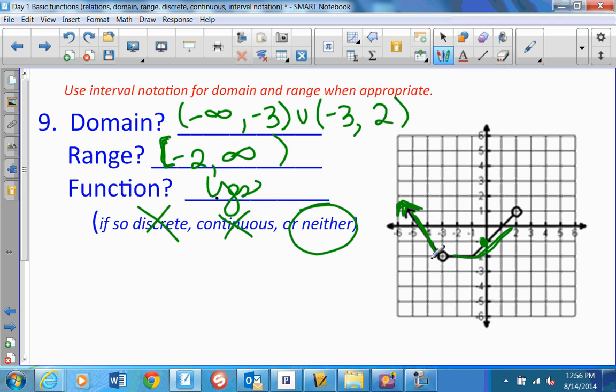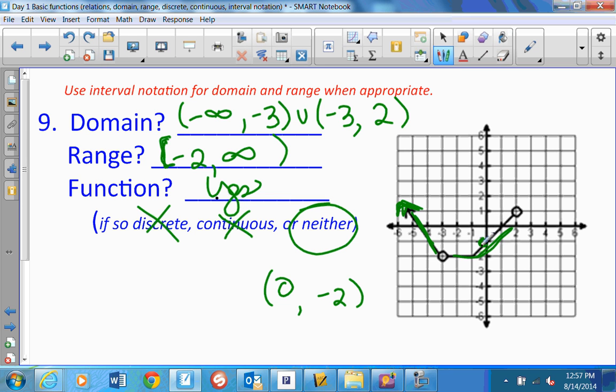-3, -2. Okay. -2 is a y value, right? So you're thinking there's no x to go with it. But there really is, because 0 goes with -2.